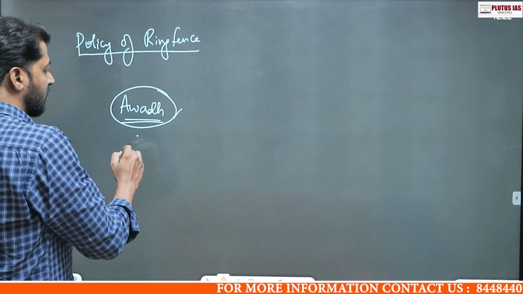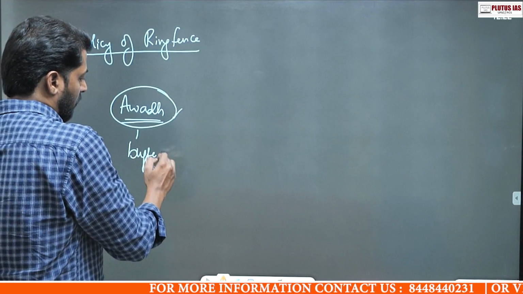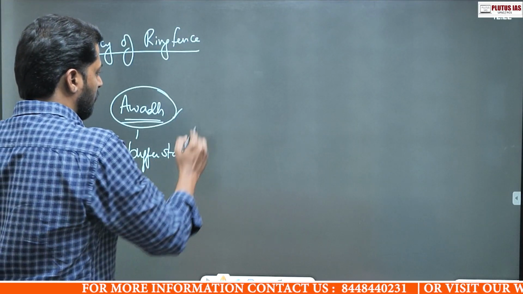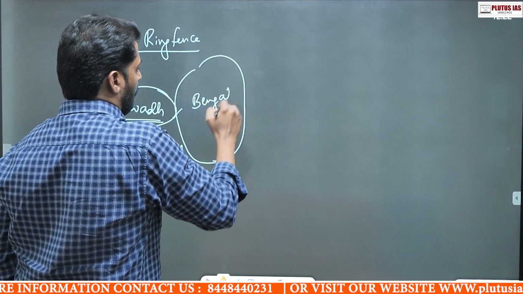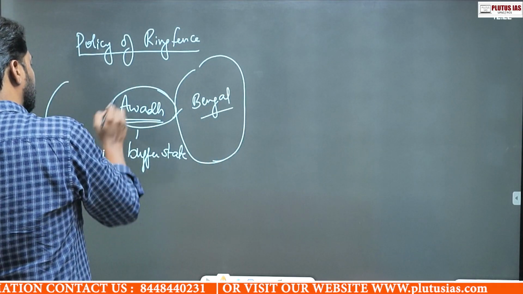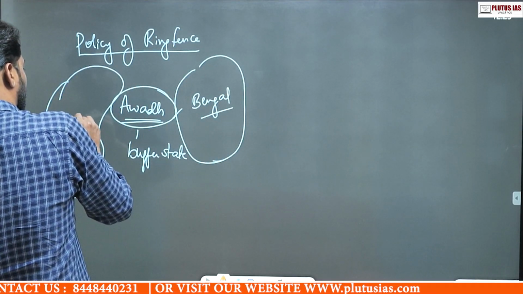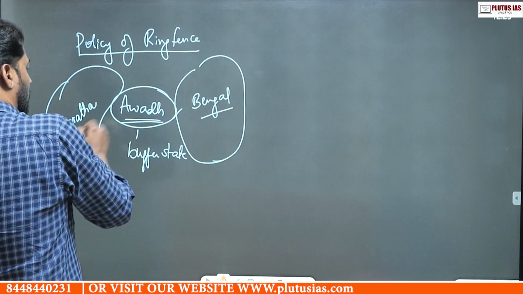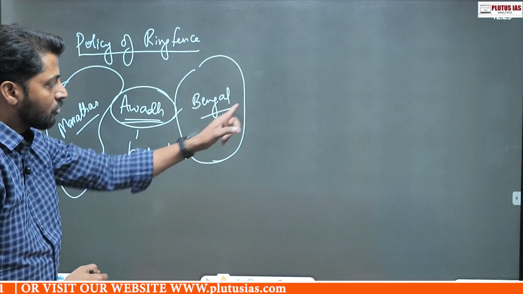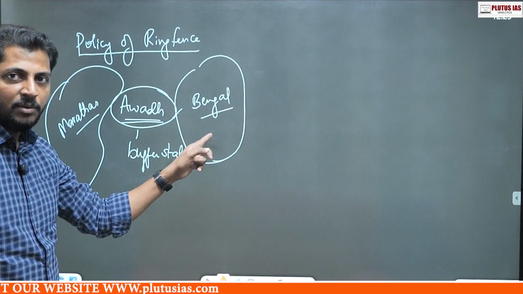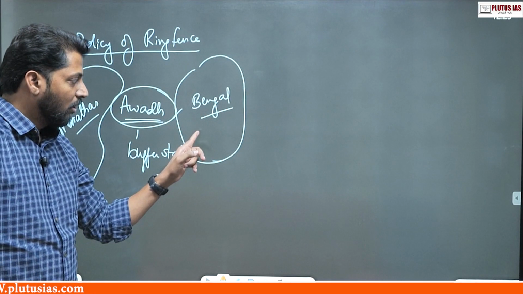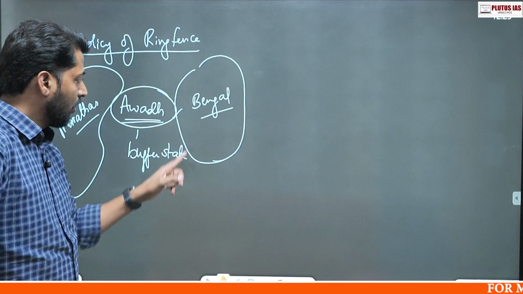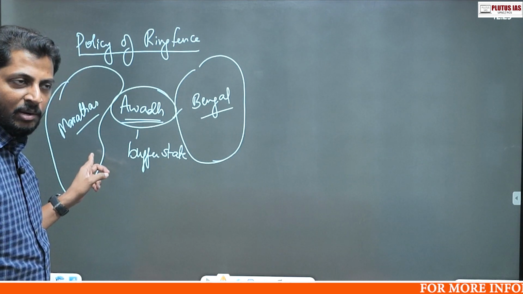Instead, Awadh was kept as a buffer state. So they had control over Bengal, and let us say this is Marathas. Here in this example, Bengal is a state under direct control of the British, whereas Marathas is an enemy state.